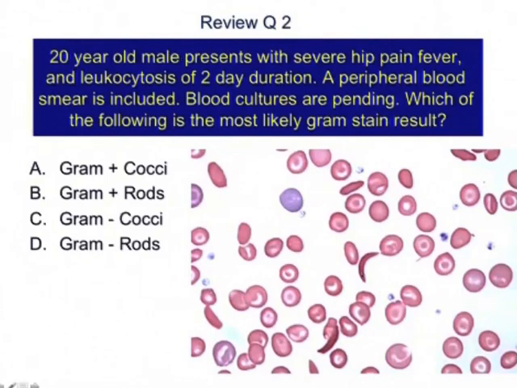Here's a peripheral smear. What are these cells? Sickle cells, yes. So good. So this patient probably has sickle cell anemia, right? So what is the most common cause of osteomyelitis in somebody with sickle cell anemia? Salmonella. And what is the Gram stain? Perfect. So it's a gram-negative rod, so D would be your answer here.